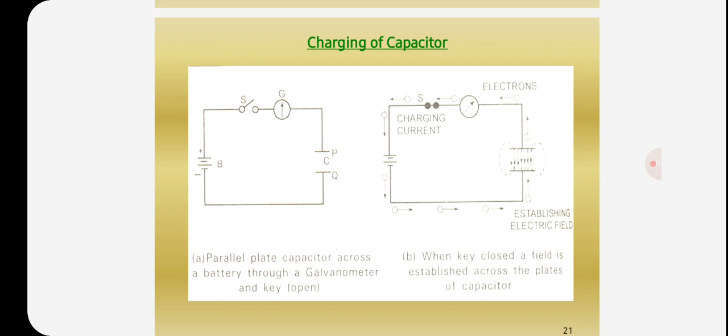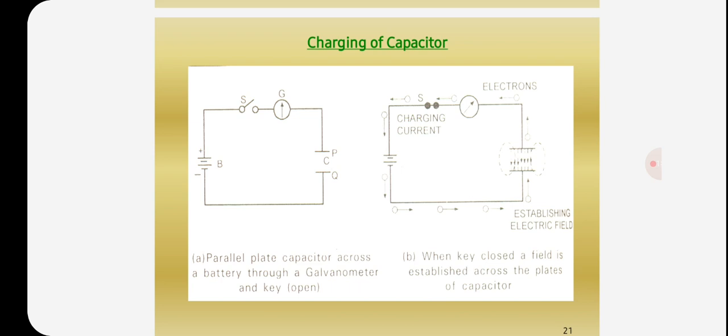Now, plate A of the capacitor is deficient in electrons and thus it is positively charged. Plate B of the capacitor has an excess of electrons and gets a negative charge equal in amount to the positive charge on plate A. The capacitor is said to be in a charged state.